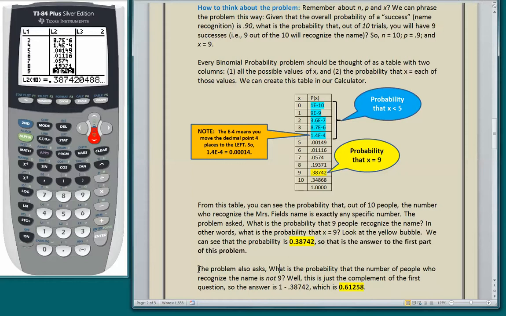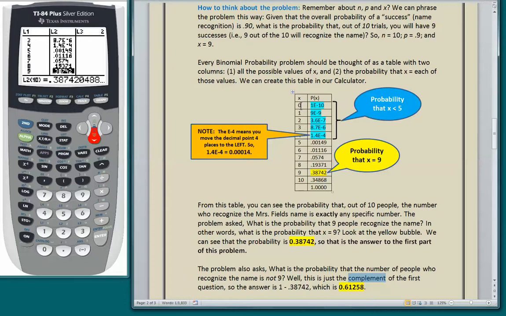But let's look at this next thing right here. The problem also asks, what is the probability that the number of people who recognize the name is not 9? Well, this is just the complement, see that word complement, of the first question. This question up here said, what's the probability that x equals 9? We found that that was 0.38742. This is saying, what's the probability that the number of people who recognize the name is not 9?